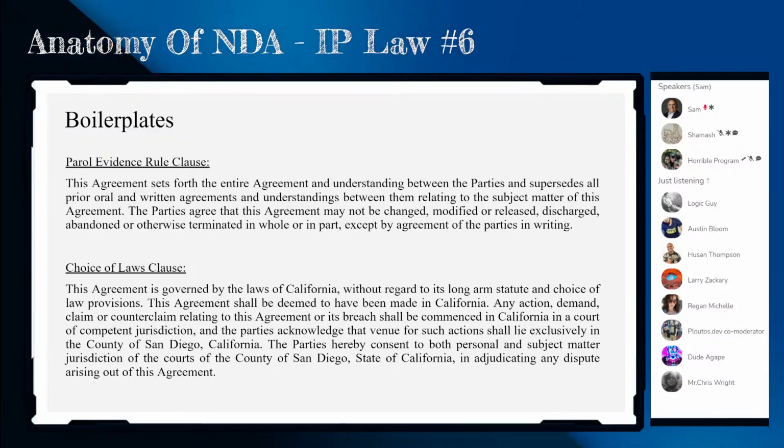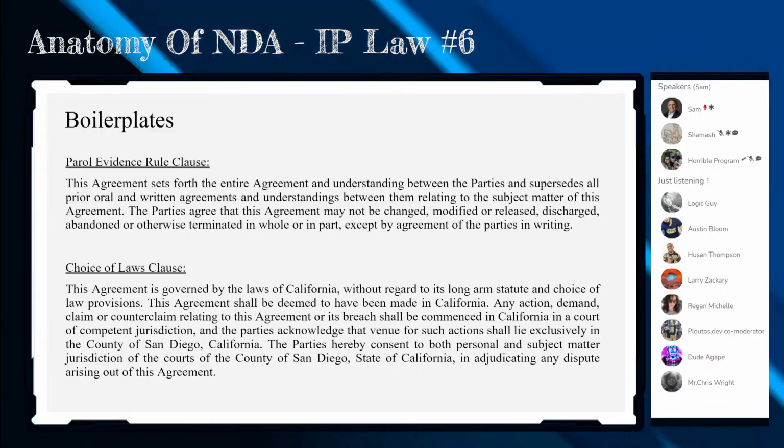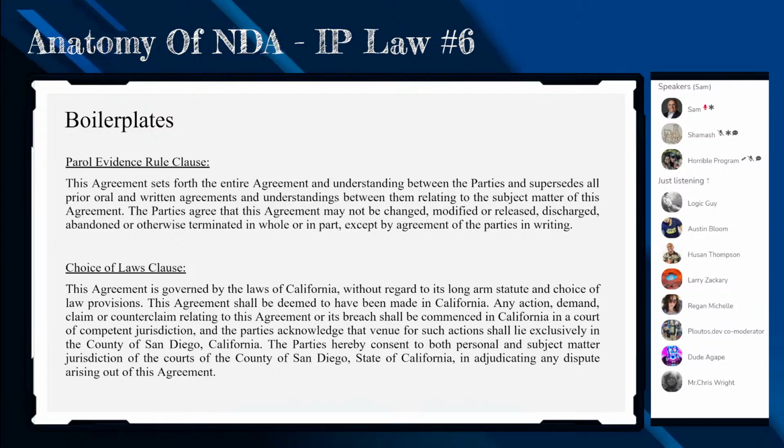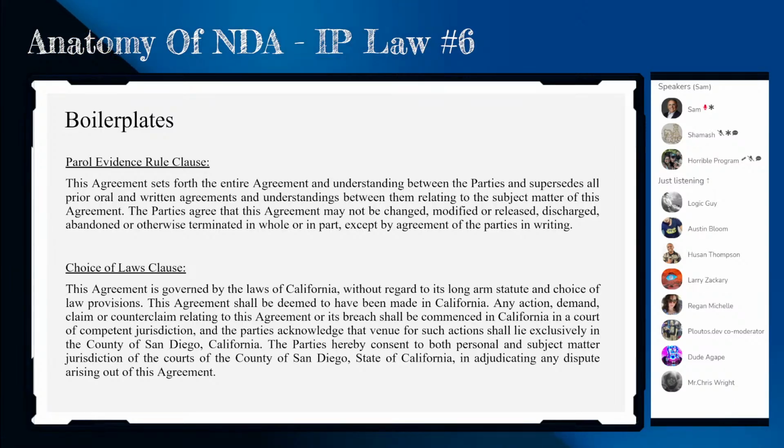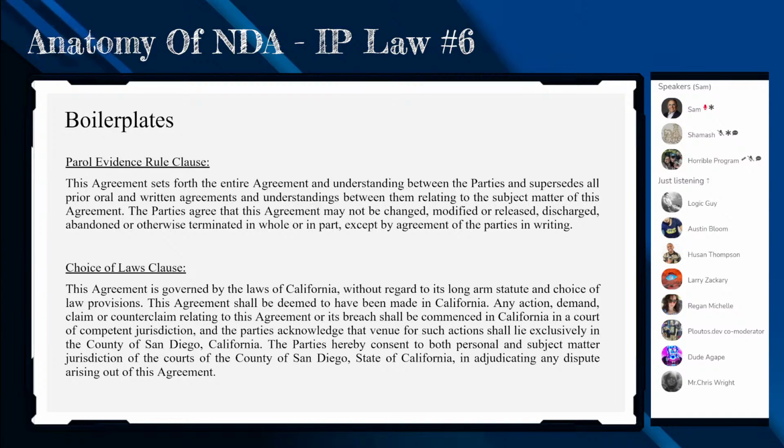These 3 tend to be the most important ones, that basically every contract has, because before the courts told us, guys, you need to put these into your contracts or life's going to be very difficult. Life was very difficult. So the first one is the parallel evidence rule clause.